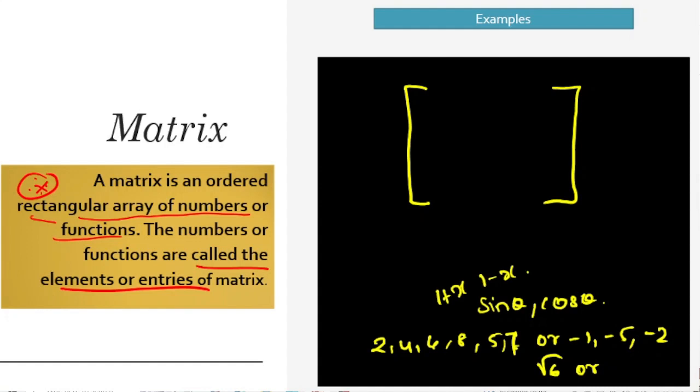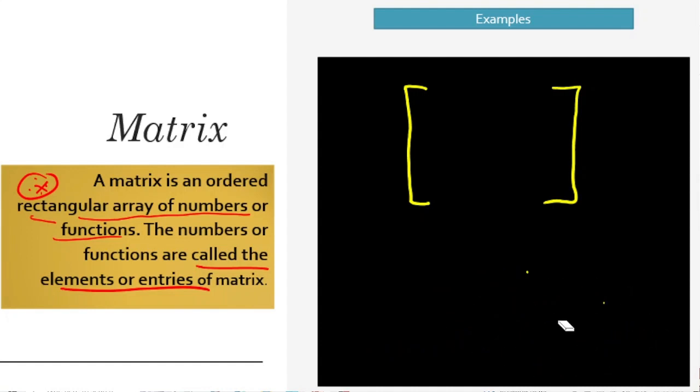I'll write and show you. In the rectangular array you have the functions sin x, cos x, 1 plus x, 6, minus 6, root 6, 0, 2 plus i, and 7 by 2.